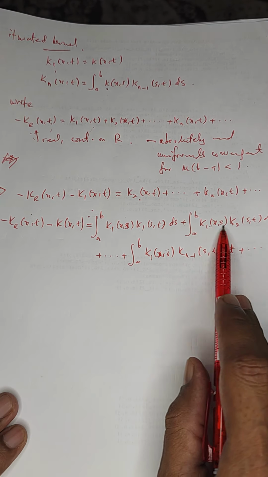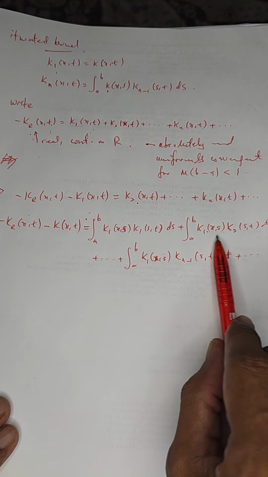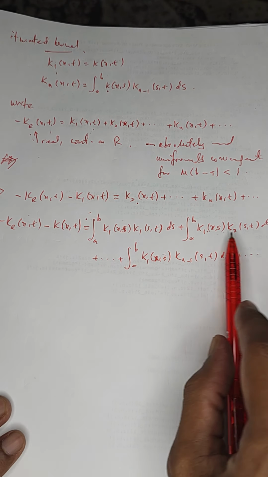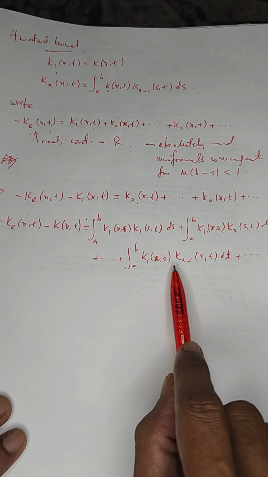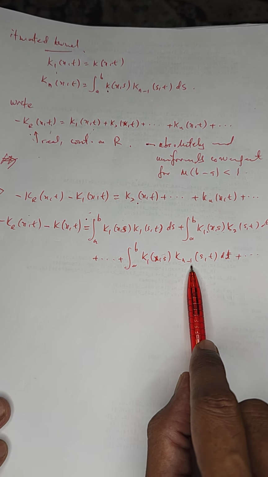Of course, from there you can rearrange those. Now, k1(s,t), I can write this as k2 k1, and I can write this as k_{n−1} k1.